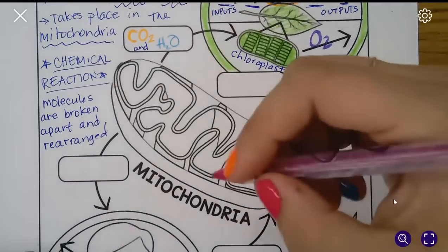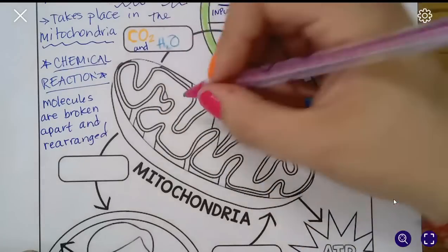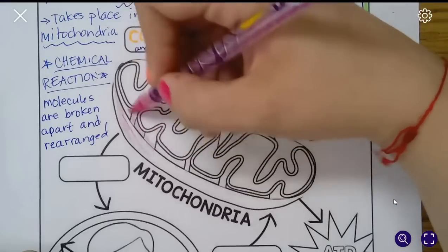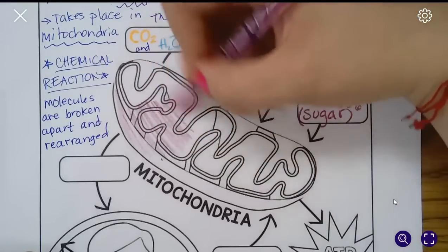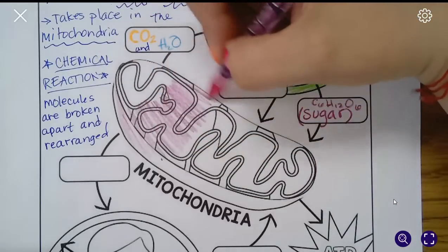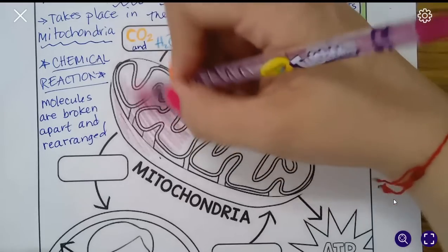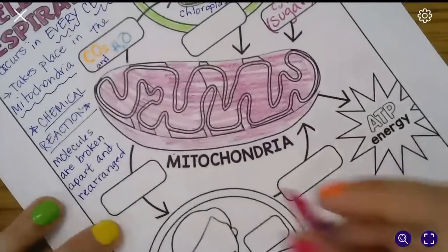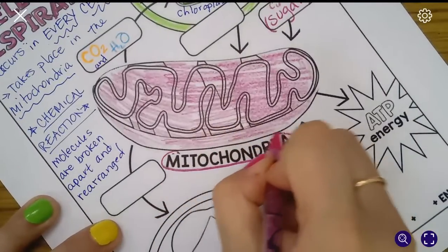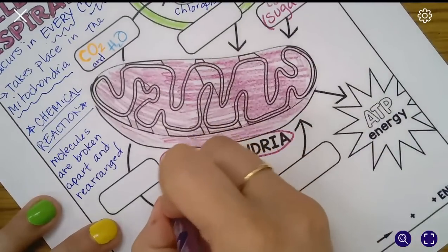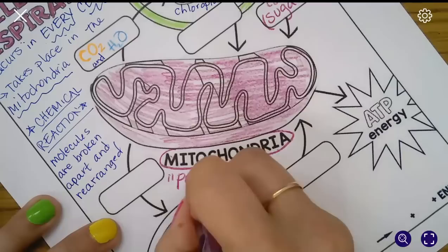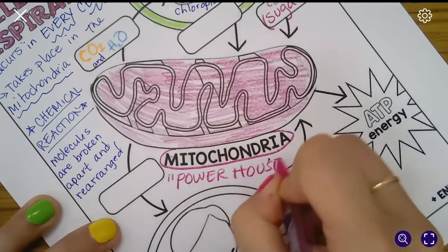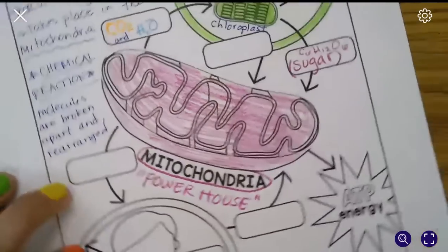So grab your red, and we're just going to shade in our mitochondria in red because that's where we're going to break up our sugar, give ourselves some energy. All right, and the mitochondria, one of its nicknames is the powerhouse because it's where we get our power or our energy.